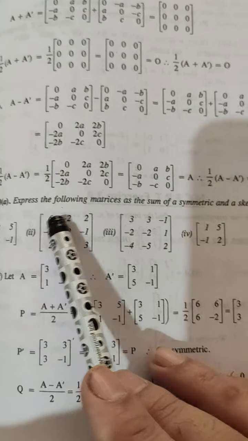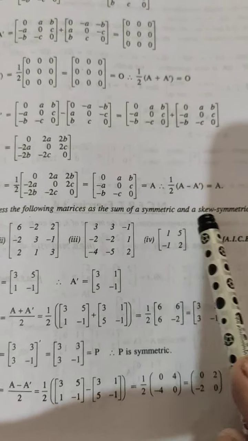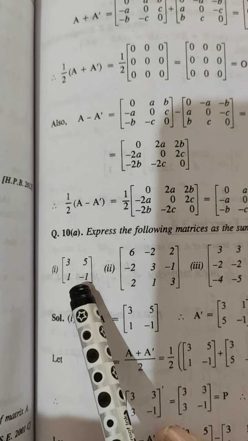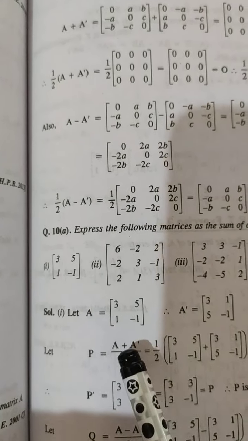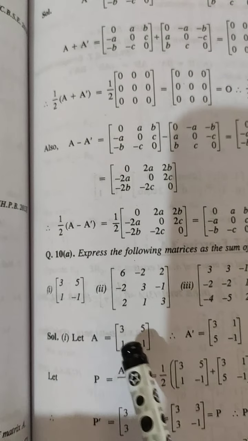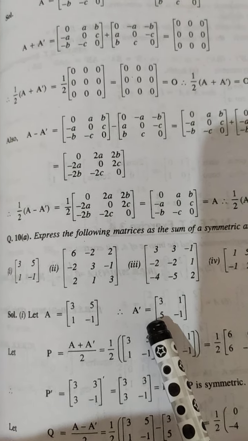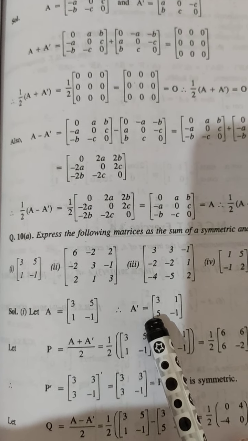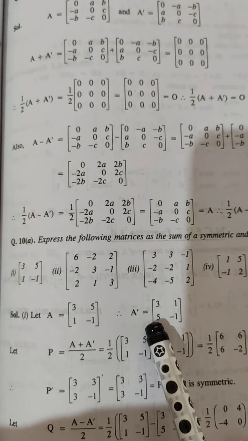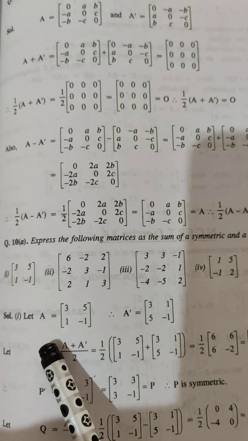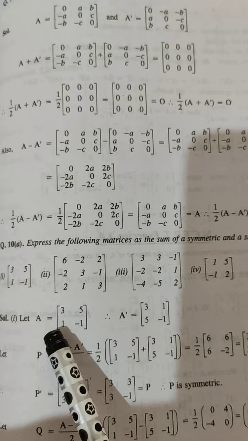Next question we are seeing is in the exercise, question number 10. Based on this concept, express the following matrices as a sum of symmetric and a skew symmetric matrix. In the example we saw a 3 by 3, here we are seeing a 2 by 2. First step, we give its name A. We will calculate A dash, because to form a symmetric matrix and a skew symmetric matrix we want the sum of A and A dash, and for forming the skew symmetric matrix we want A minus A dash.